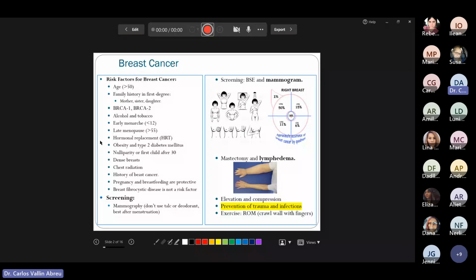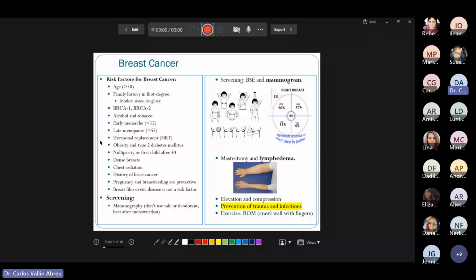It doesn't mean they are always going to have breast cancer, but they have increased risk, because cancer is a combination of genetic predisposition, areas of the body that are more delicate in some people than others, plus environmental triggers or factors that combine with this genetic predisposition and make the appearance of this cancer much more possible.